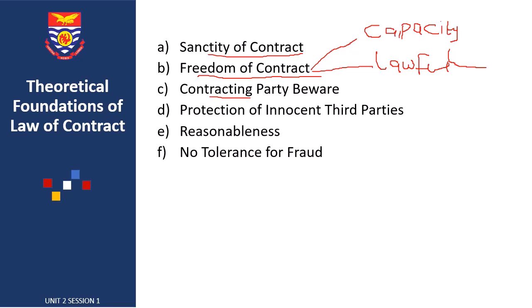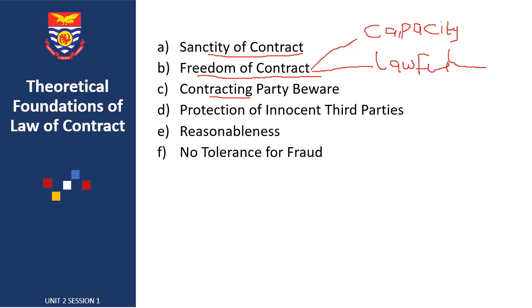Any search or check that a reasonable person would do before entering into a contract, the parties must do. Here we have the principle of caveat emptor, let the buyer beware, and caveat venditor, let the seller beware. So the parties must satisfy themselves that indeed they are dealing with the right persons and that the items they are buying are of the standard they are looking for.